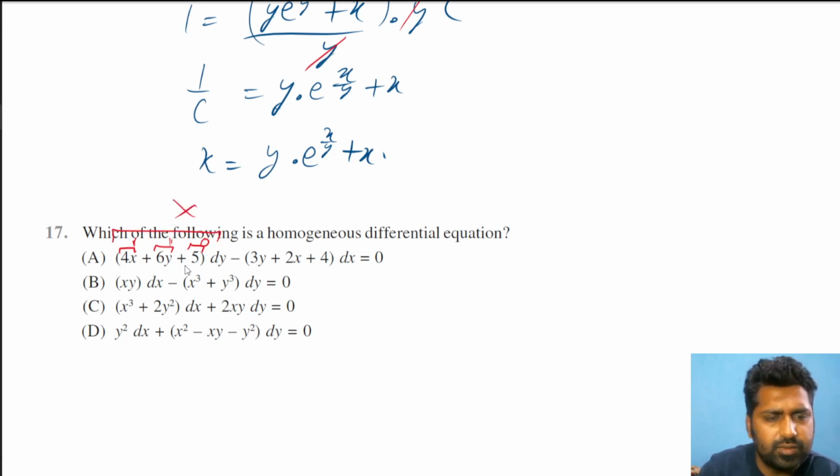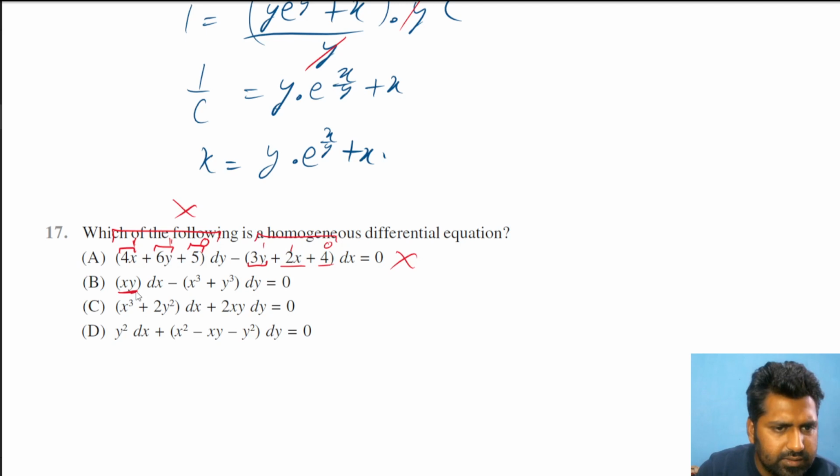So effectively this term has no effective degree, so this cannot be homogeneous. Same problem here also. Although we have decided this is not homogeneous, because if one part does not have an equivalent degree, we cannot have a homogeneous equation. Again, degree 1, degree 1, degree 0, again you cannot combine 1, 1 and 0 degrees.